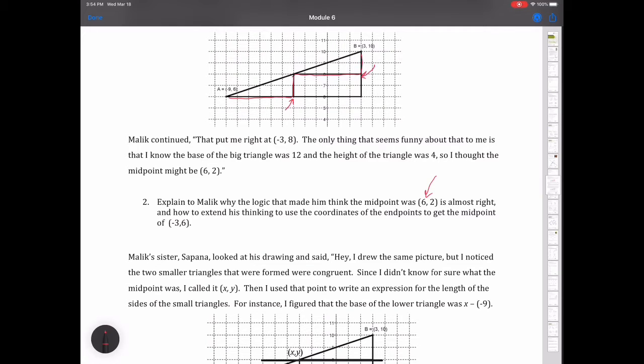However, that doesn't account for the fact that we don't start at the origin. We're not starting at (0, 0). This point here is our starting point. So we're actually 6 away from the starting point here and 2 away from the starting point here, right? But we're in reference to this point here rather than the origin.